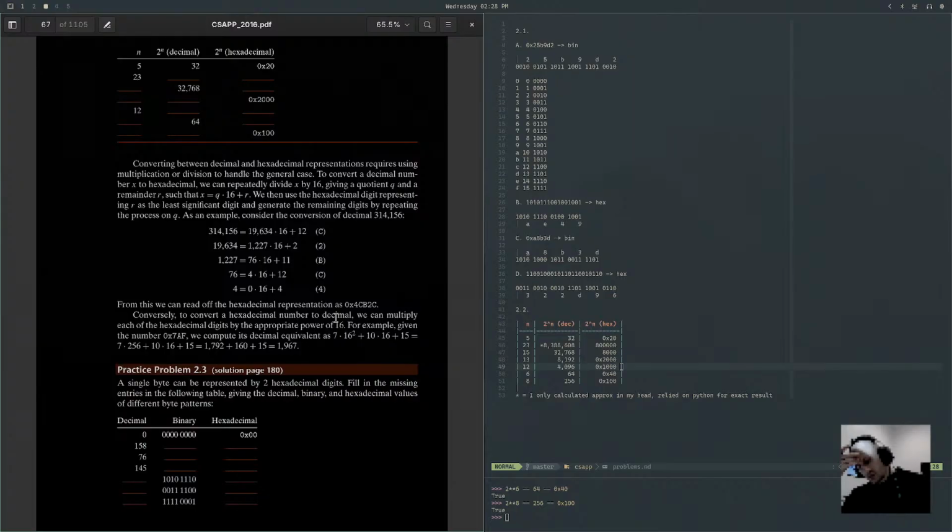We then use the hexadecimal digit representing r as the least significant digit and generate the remaining digits by repeating the process on q. As an example, consider the conversion of decimal so-and-so. So we say that's so-and-so times 16 plus 12.